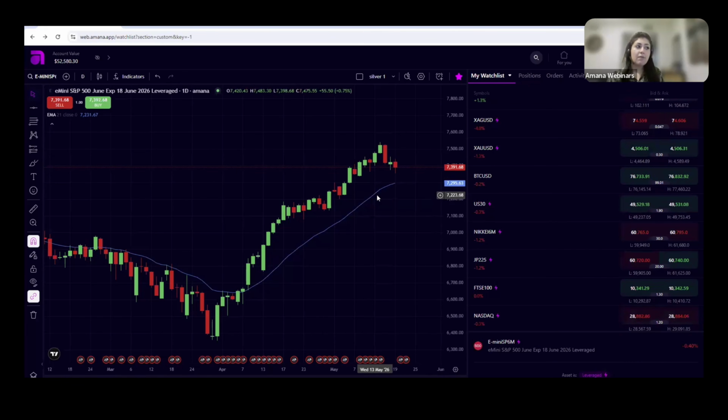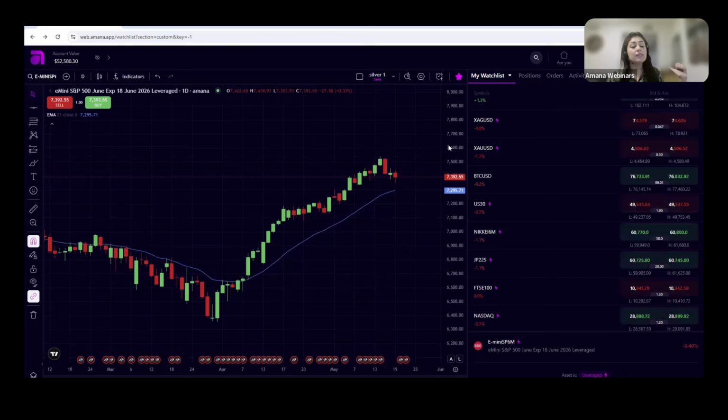I have just used this average because I use it if the market is trending strongly, and I would not expect it to retrace to a previous resistance level, because the momentum is so strong. In that case, it might just dip down to the 21 days average, or if it's even stronger, you could use the 10 days EMA.